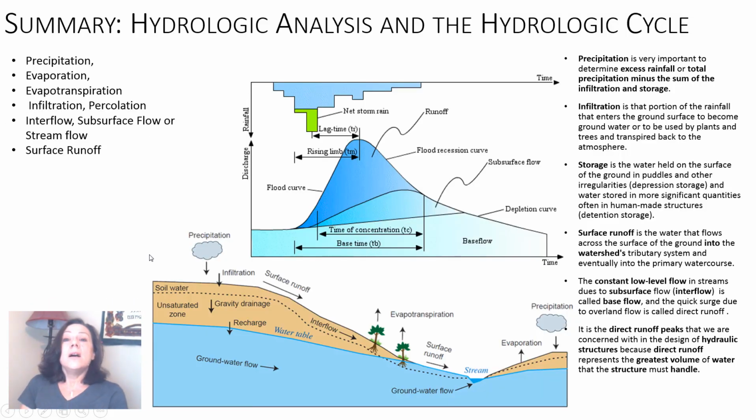Now, to summarize, these are the abstractions we have been talking about, or the hydrologic cycle: precipitation, evapotranspiration, evaporation, infiltration, percolation, interflow, subflow, streamflow. We didn't talk about these too much because that's more of a groundwater course than your typical runoff. We do need to account for it if it's a big system.